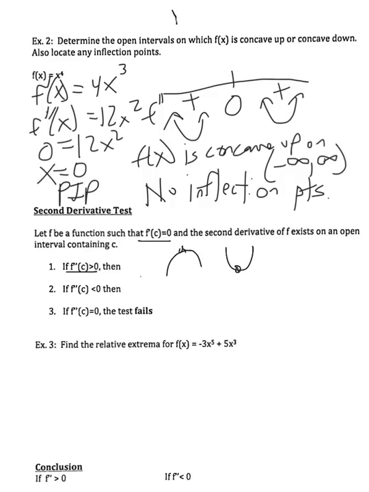And if the second derivative is positive, then you have concave up. So if the first derivative is 0 and the second derivative is positive, then you know that whatever that c value is a relative minimum. So it's kind of putting those two things together. If you have a c value where the first derivative is 0 and the second derivative is positive, so concave up, then you know you have a relative minimum there.